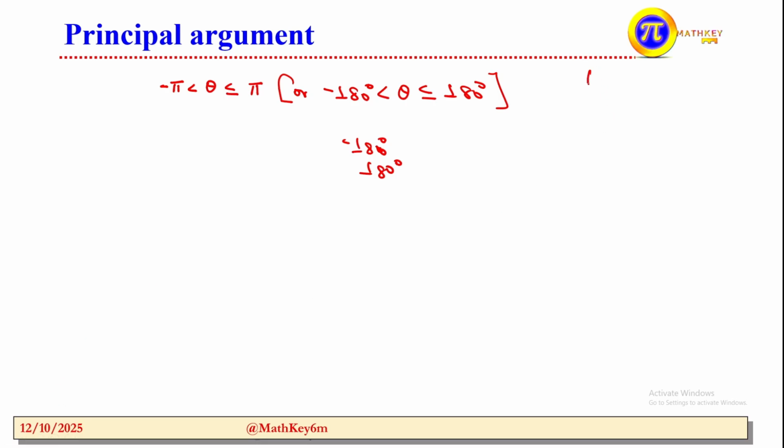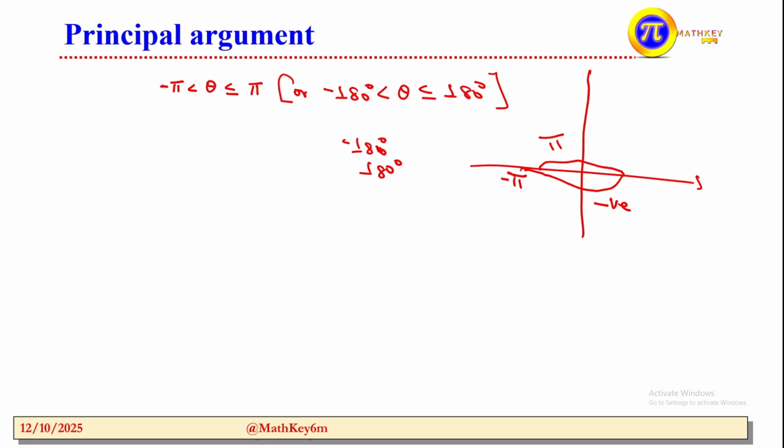Because in the complex plane, if we start from the positive x-axis and arrive here, this is pi or 180 degrees. In the counterclockwise direction, we take positive theta. If we move in the clockwise direction, we have negative values.